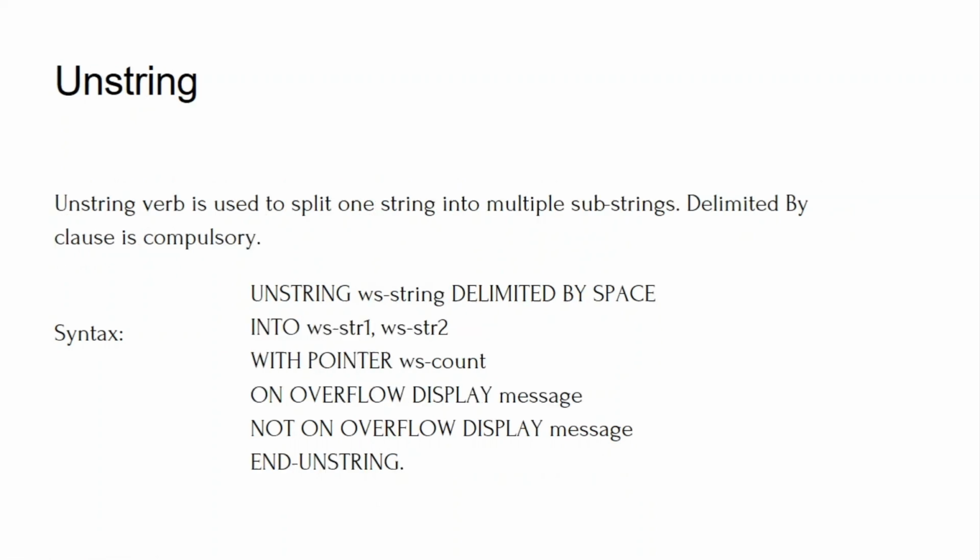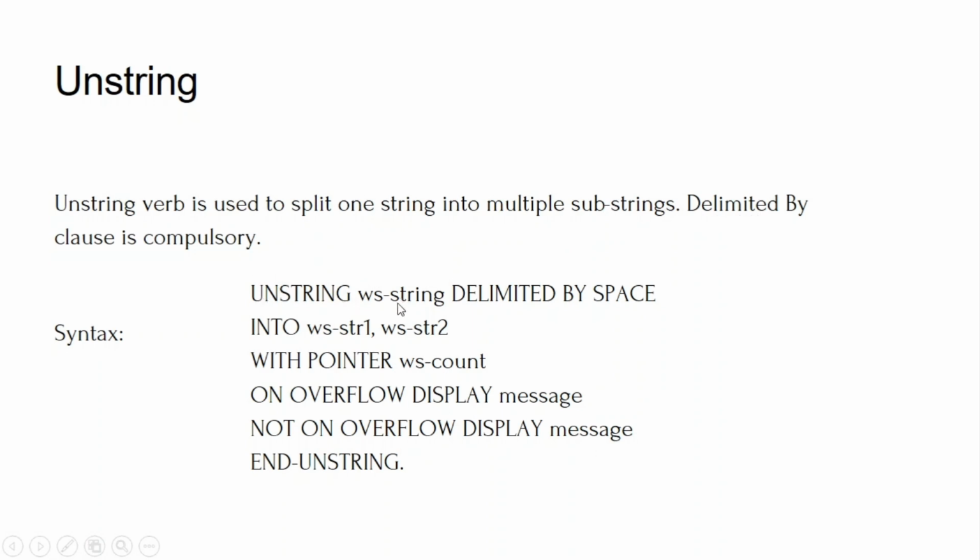In the same way, we have the next COBOL verb, which is UNSTRING. The UNSTRING verb is used to split. It does the opposite of what STRING does. It is used to split one string into multiple substrings, and the DELIMITED BY clause is compulsory here as well. So this is the syntax we have.